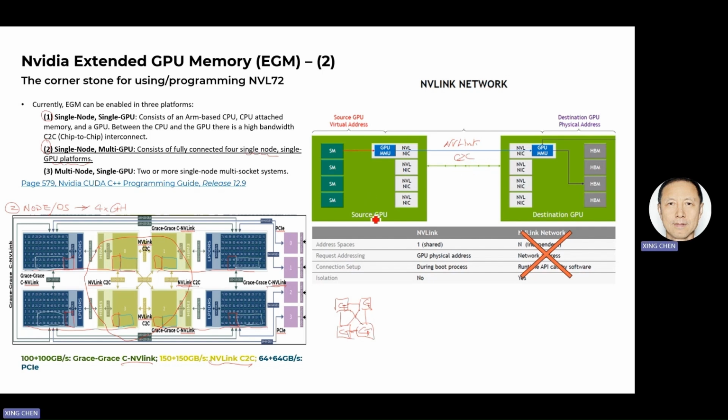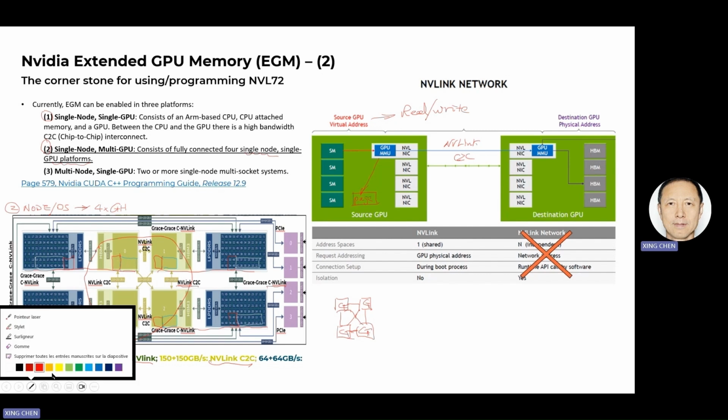Suppose this GPU wants to read or write to the destination GPU. What's going to happen is that first, the GPU needs to ask this page table to do the translation from the virtual address to the physical address.